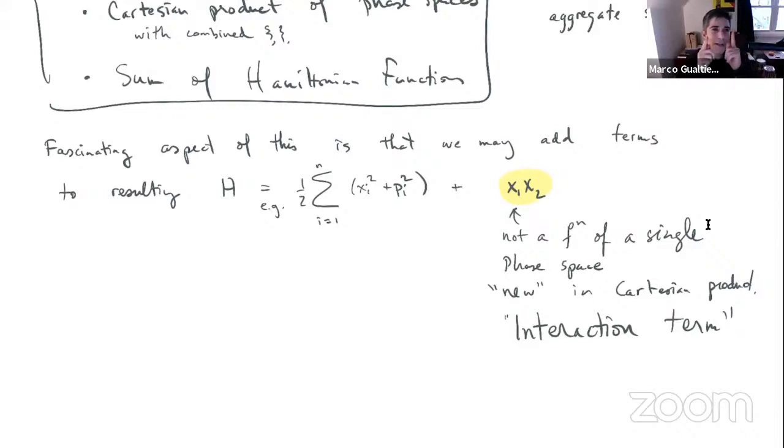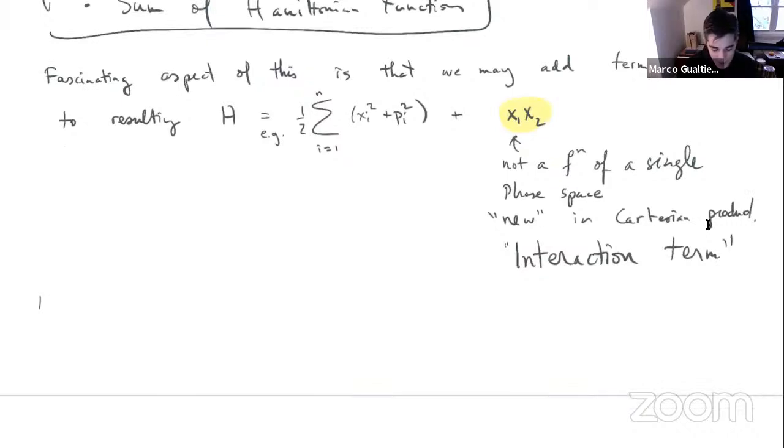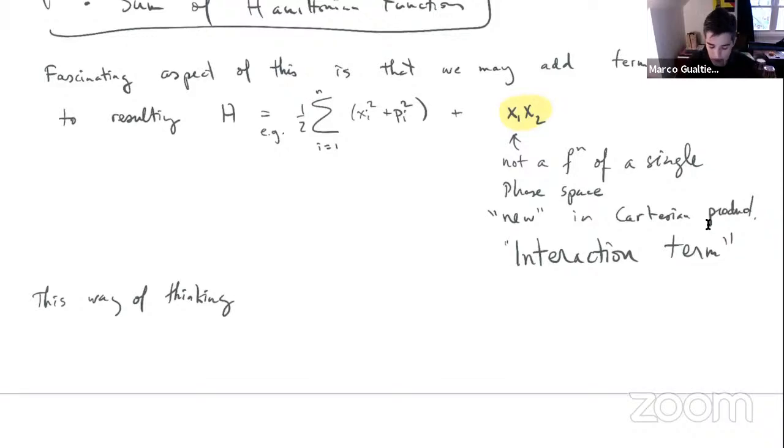if these two particles get closer, let me put it this way. This way of thinking in phase space with the Hamiltonian function, it basically says that if you want two particles, it's kind of reversed, right?